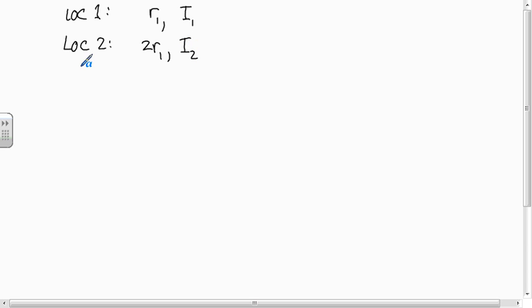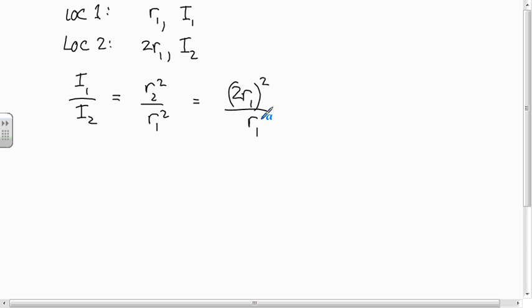The equation that I just gave you says I1 over I2 is equal to R2 squared over R1 squared. And we can substitute 2R1 in for R2. So we get (2R1) squared over R1 squared.